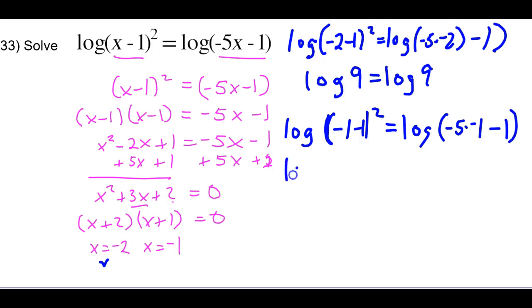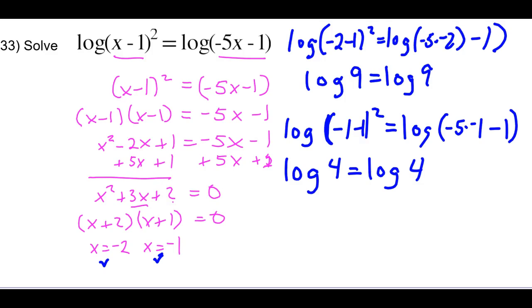So on the left is the log of (-2) squared, which is 4. And on the right, -5 times -1 is +5, minus 1 is 4, equals the log of 4. So both of those solutions work just fine. Don't ever assume that just because your solutions are negative that they're extraneous. It's only if they make the descriptor negative, and neither one of these did.